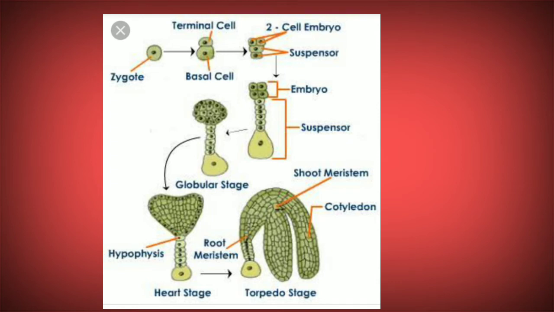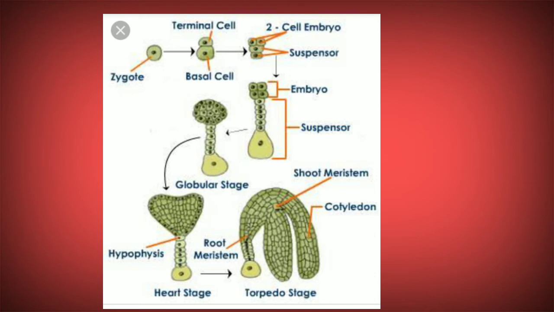The embryo cell undergoes two vertical divisions and forms two tiers of cells. One is the epibasal cell and the other is the hypobasal cell, which is found in that heart stage of the proembryo. Generally, the epibasal cell is towards the terminal side, that is towards the upper side, and the hypobasal cell is towards the hypophysis.